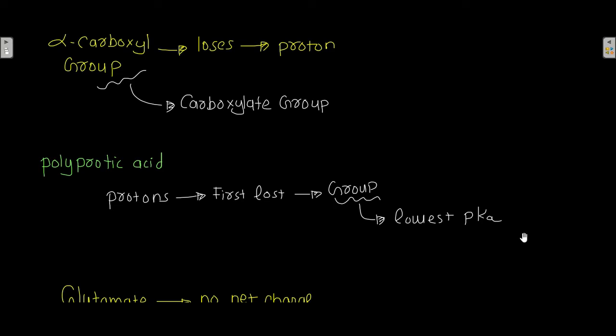So as glutamic acid has two carboxyl groups, which one of them is going to lose a proton will depend on the pKa value. Whichever has the lowest pKa value will lose the proton first.